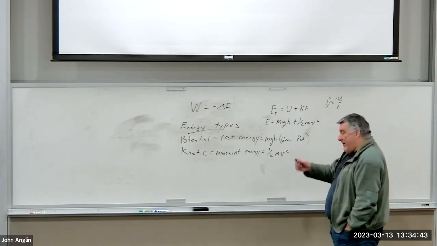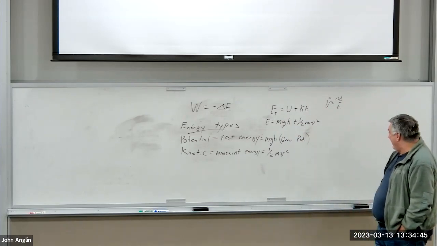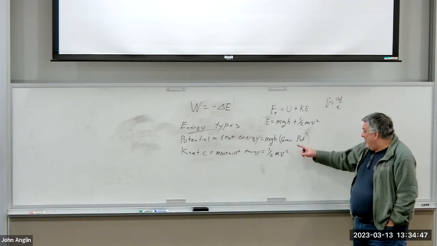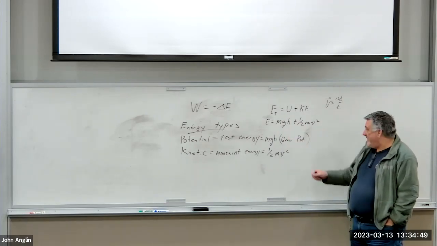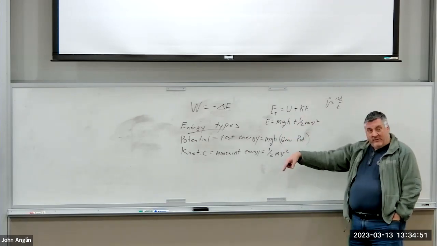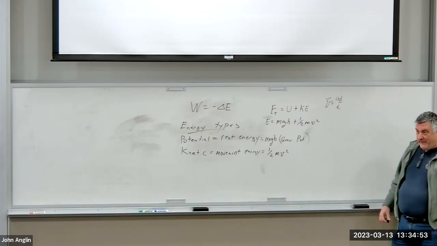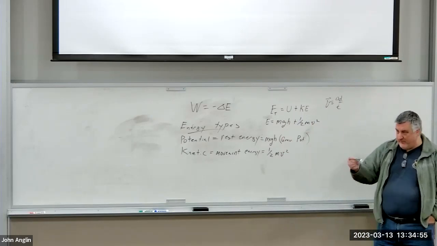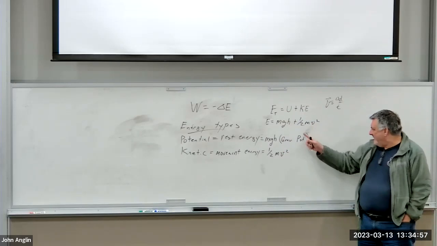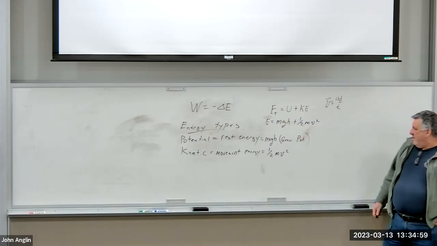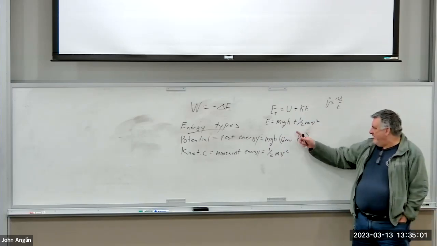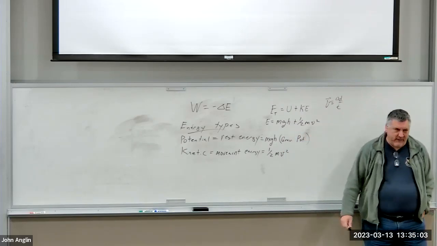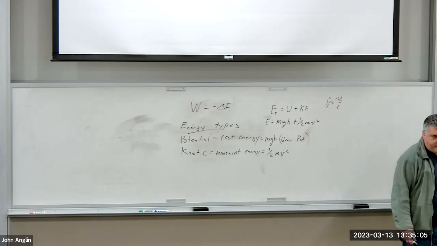Conversely, at the point where it impacts the ground, h would go to 0. So that means there is no potential. All of the energy has been converted into kinetic. When we hit the ground, we're going at some velocity, 1/2 mv squared.